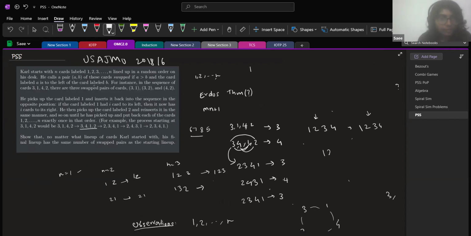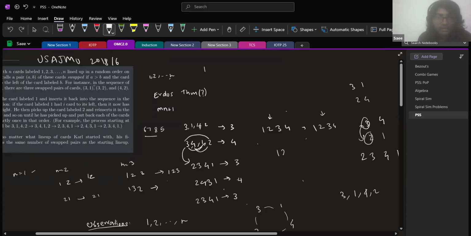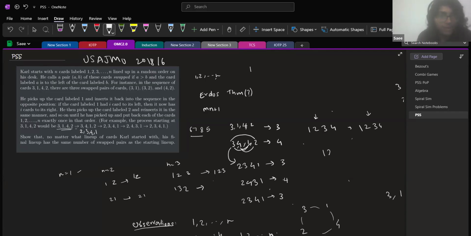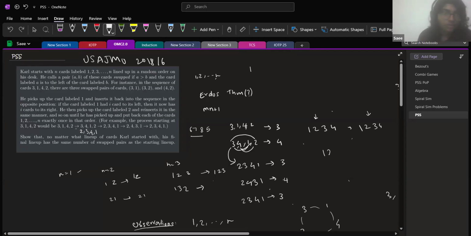If you look at 3, 4, 1, 2, the number of inversions there is clearly not equal to 3. But 2, 3, 4, 1 has 3 inversions, which is the same as 3, 1, 4, 2. So all I've done here is subtract one, but from 1 I can't subtract 1, so I've just subtracted 1 mod 4 in some sense.